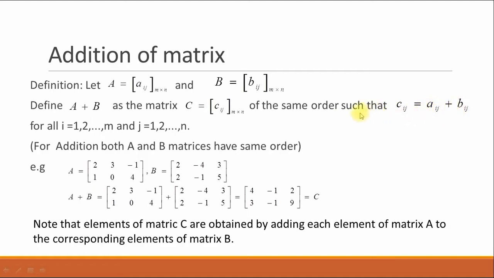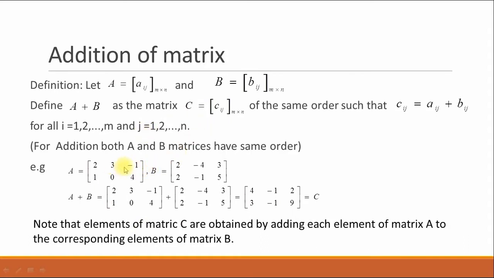This notation means that when we add two matrices, then the corresponding element of matrix A will be added to the corresponding element of matrix B. So for addition, dear students, note that the order of the matrix will be same, and then when we add two matrices, the corresponding elements will be added.